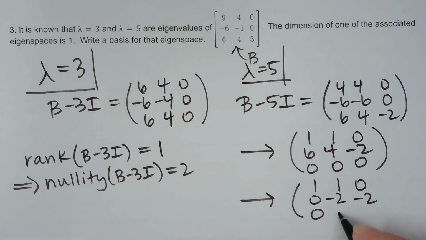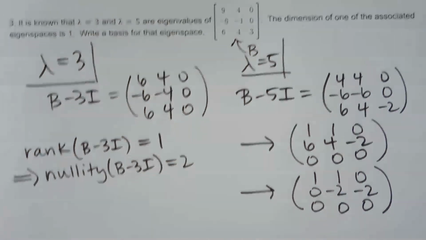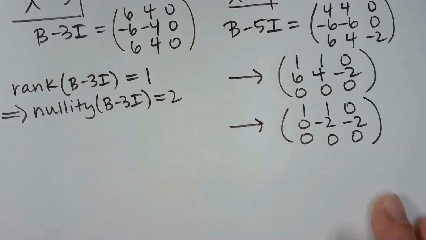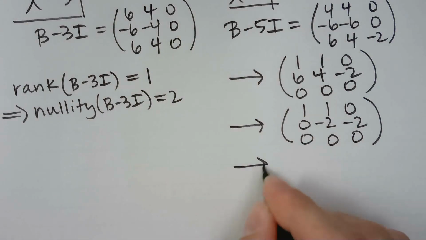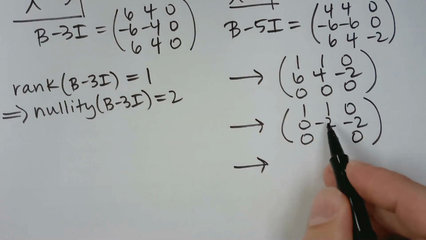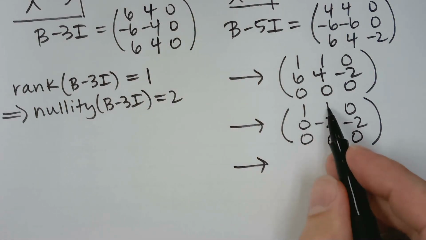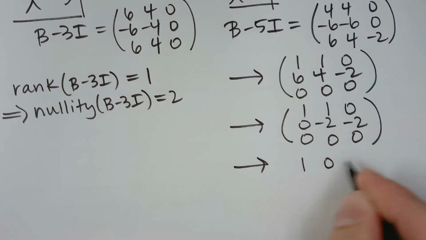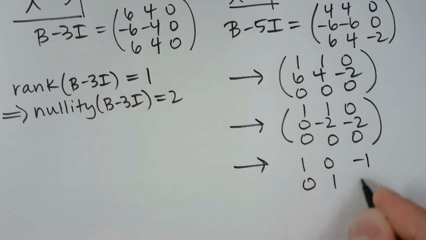Oh, okay, so I've got more steps. It has more row reduction than I expected. I'm going to change those to 1 and 1, and then if I subtract, I'll have 1, 0, negative 1, and then 0, 1, 1.